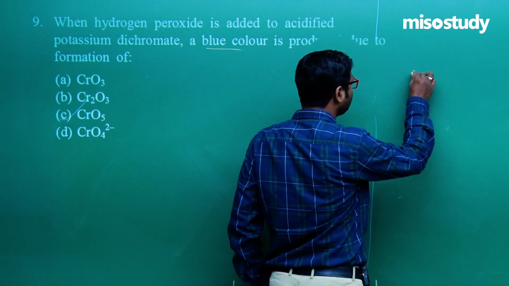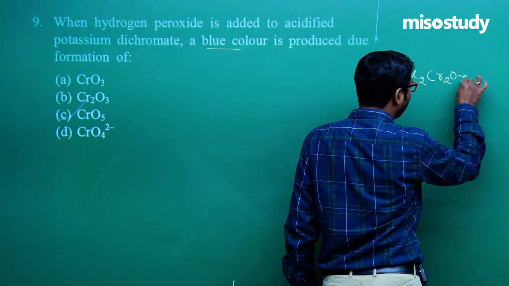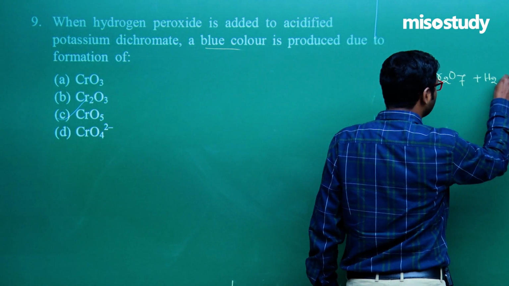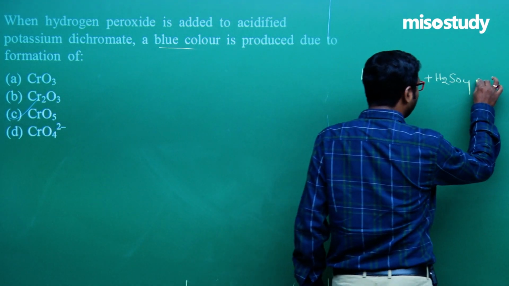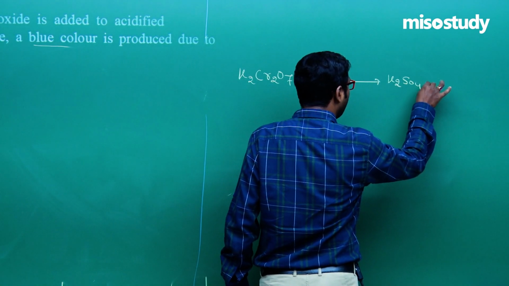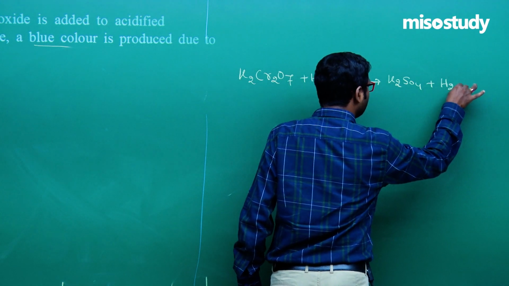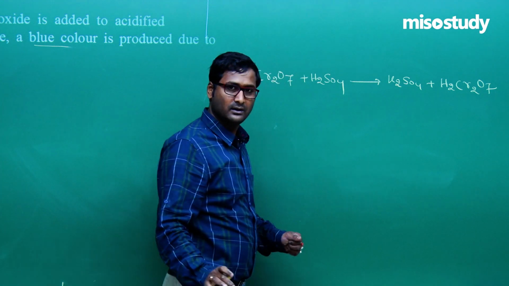This one, K2Cr2O7 acidified with H2SO4. Clear? This is the first part. What will happen in this case? That is the formation of K2SO4. Then the next one is H2Cr2O7. Clear?